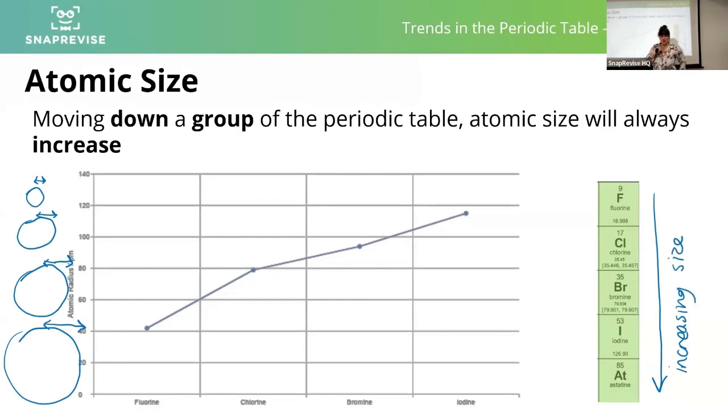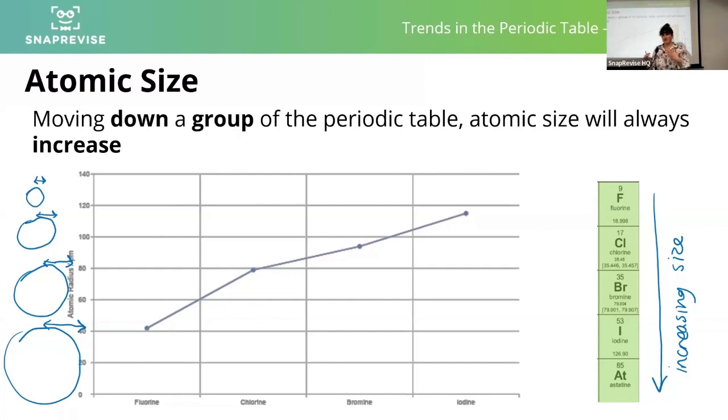Have a think. I will just say, again, one of the things that makes recalling some of this content hard is that lots of places will show you all of the trends in terms of increasing. Lots of places will show you all of the trends going from left to right across a period and top to bottom down a group.